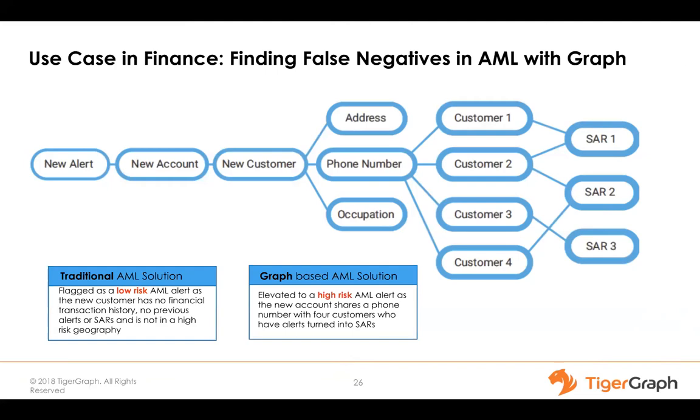However, the conventional approach fails to consider the cluster of high-risk customers that this alert is associated with. This new alert is connected to a new customer who shares the same phone number with 4 other high-risk existing customers on whom multiple SARs, suspicious activity reports, have already been filed previously.